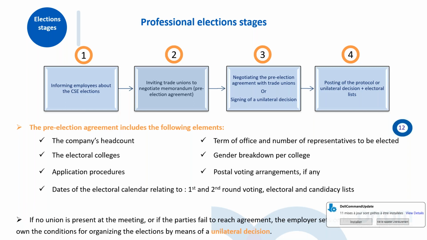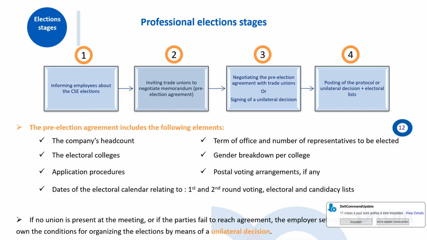In this agreement, you'll need to include the following elements: the company's account, the electoral colleges, which are the groups depending on the status of your employees. So for example, you can have a group for managers, or employees, or non-executives.